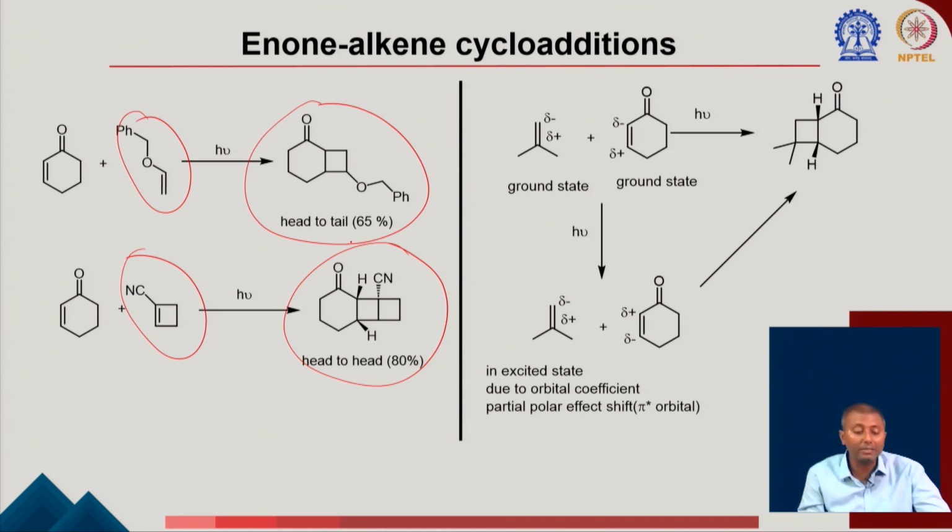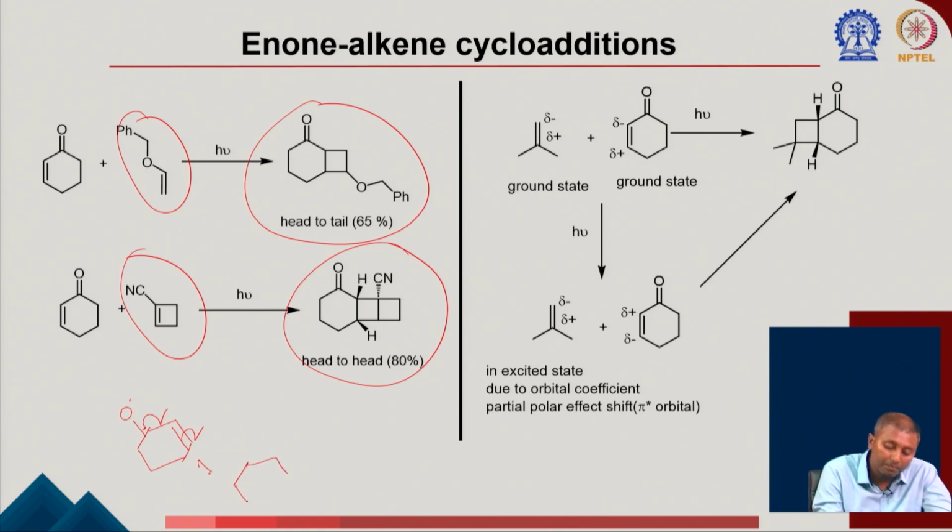So, let us try to understand the difference here, because we know that in the carbonyl cases, once you have this n to pi star transition, it is going to form this species, and you can also think about them, and draw them like this.